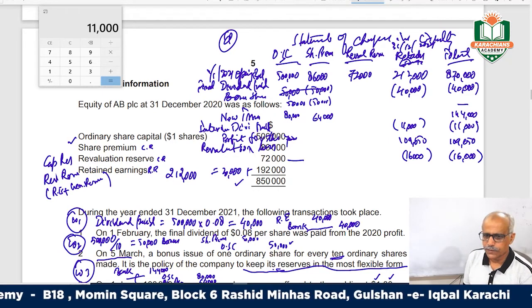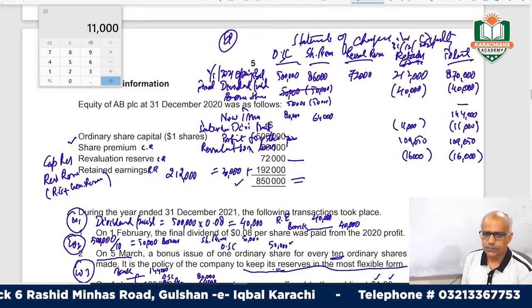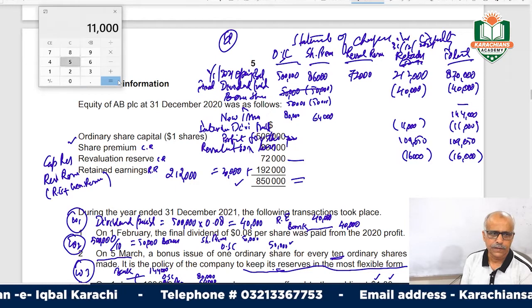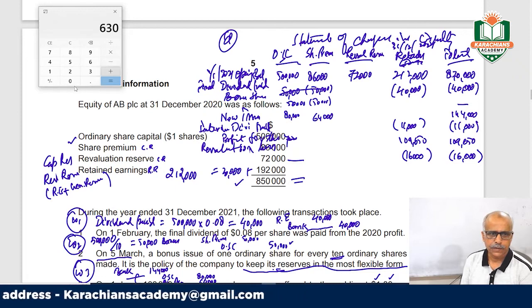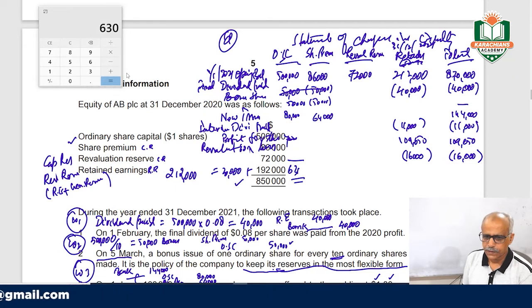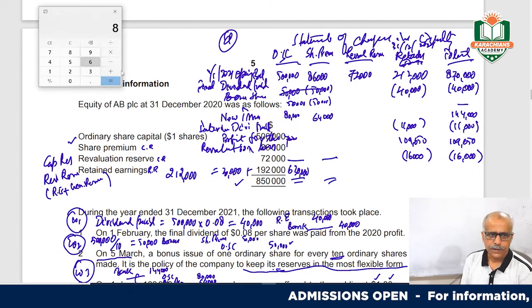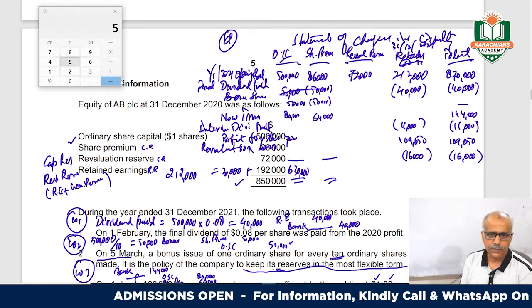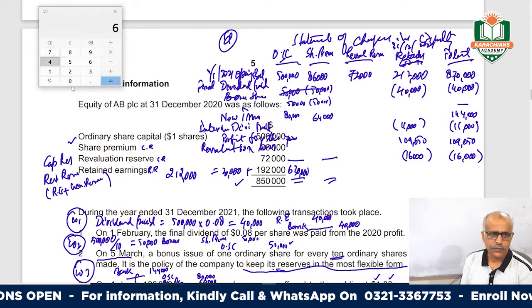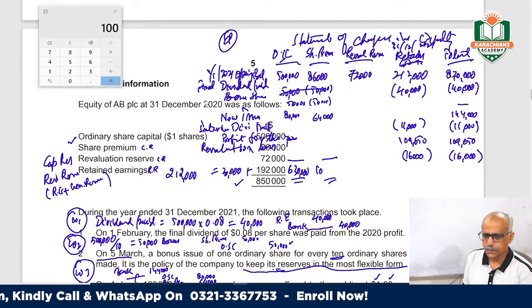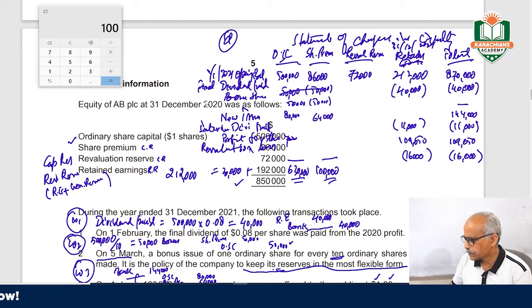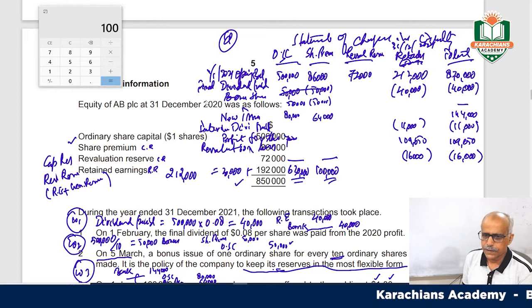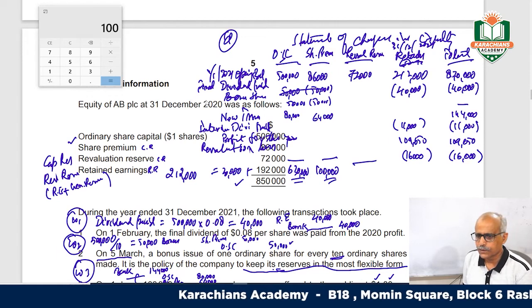So now we have finished with this: 500,000 plus 50,000 plus 80,000. This is 630,000. How much is your share premium? 86 minus 50 plus 64. 100,000 is your share premium, right? 630,000, 100,000, and this revaluation reserves.